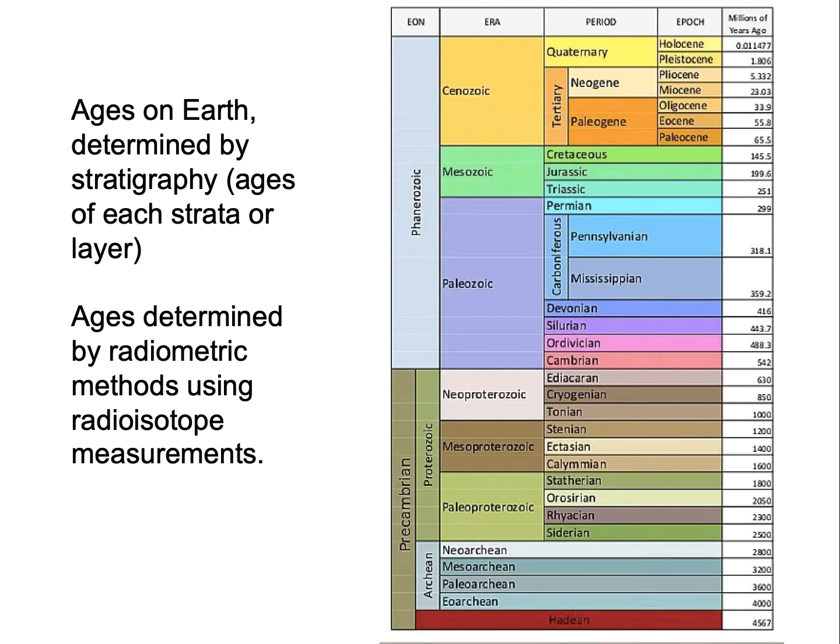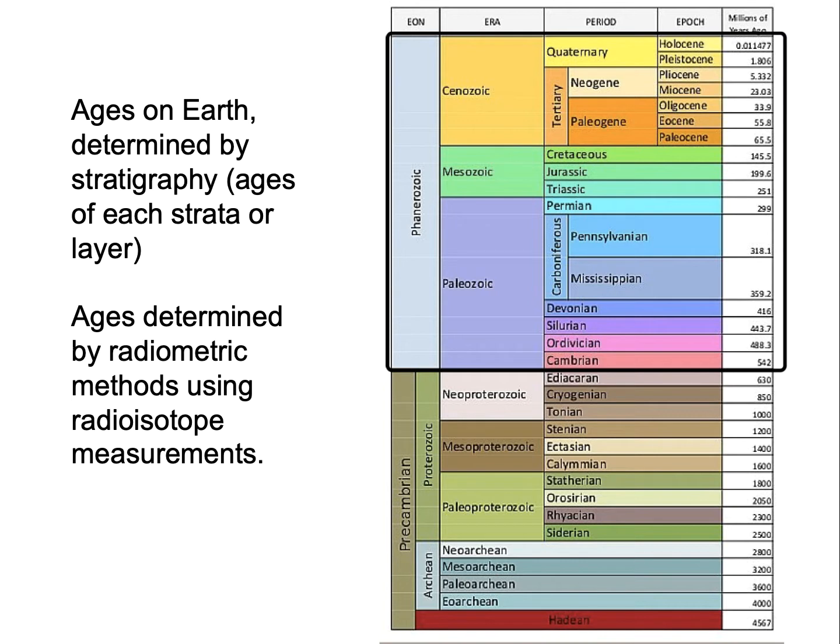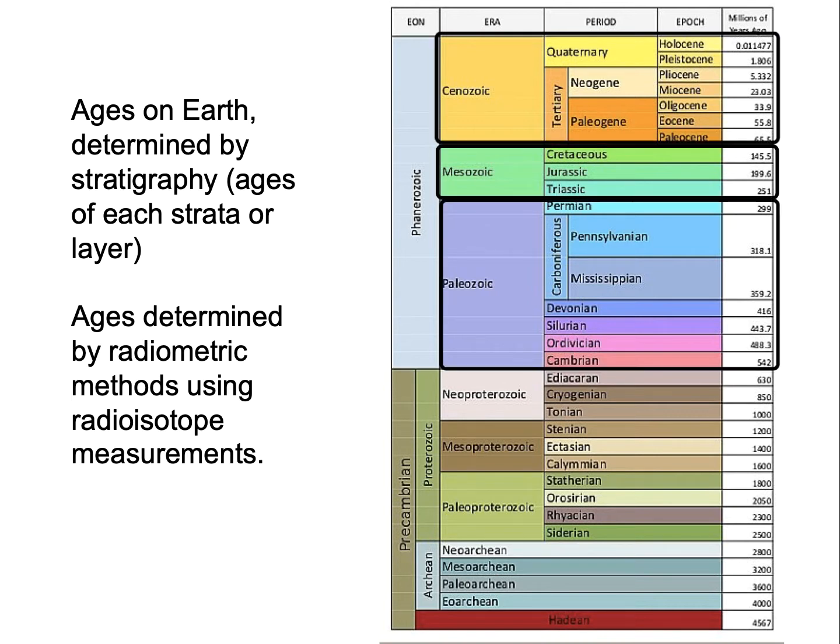In doing so many studies have been put together, and you can find very specific types of layers during different periods in the past. So you can look at the Phanerozoic eon, and then within that is the Cenozoic, Mesozoic, Paleozoic, and those can be further subdivided based on the strata found in those different layers of rock.